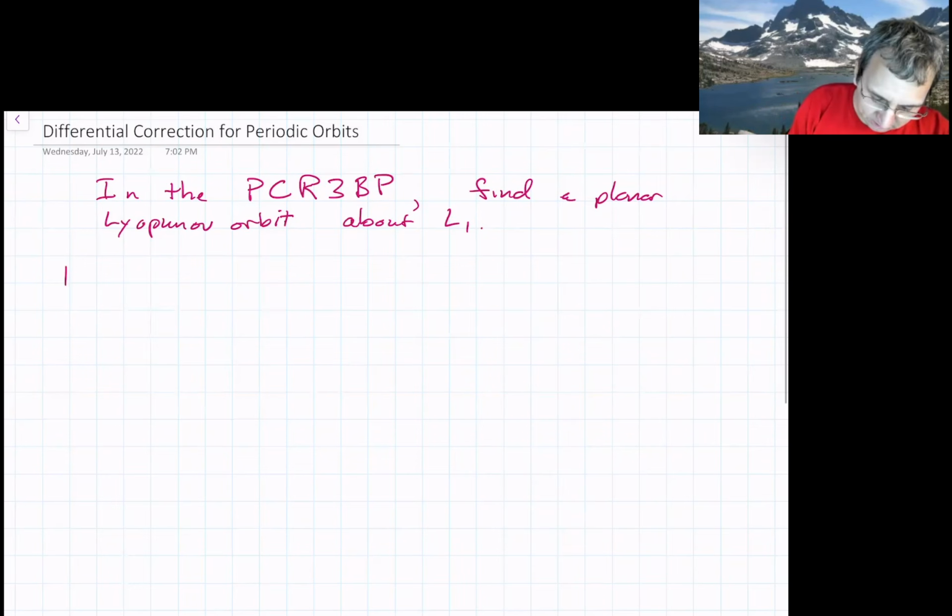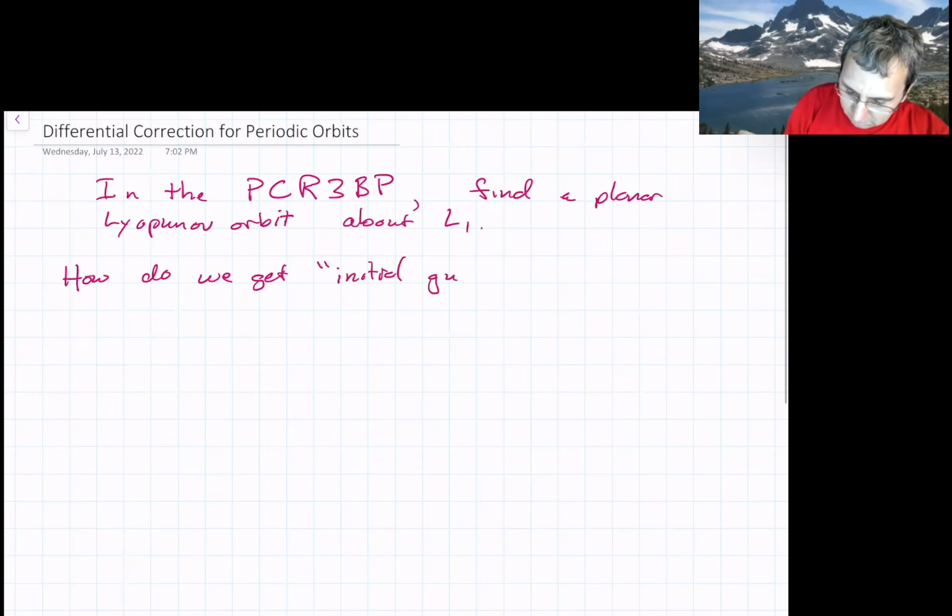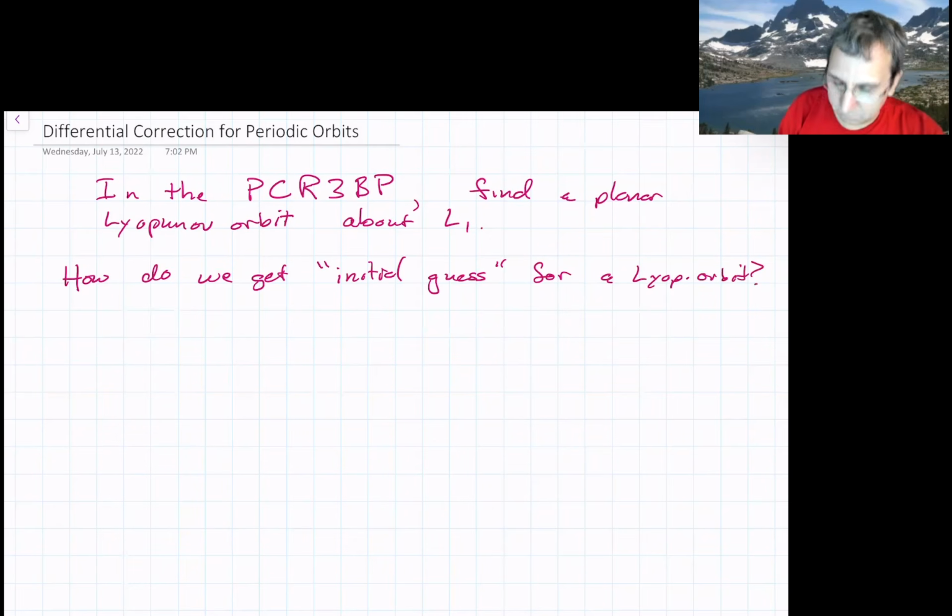So how do we get, I'll call them initial guesses, how do we get an initial guess for a Lyapunov orbit? And there's a few different ways.